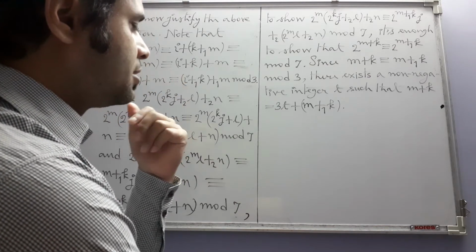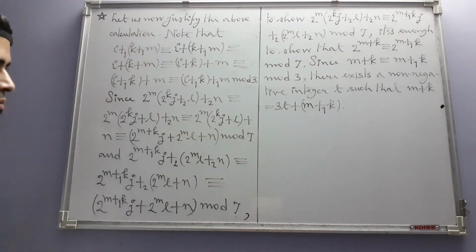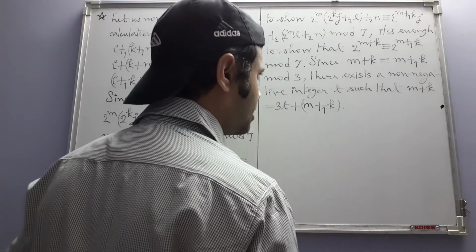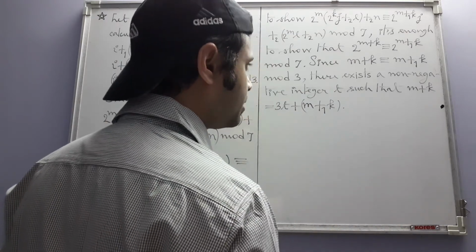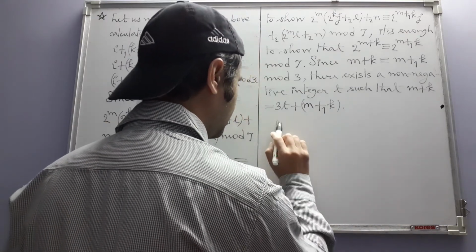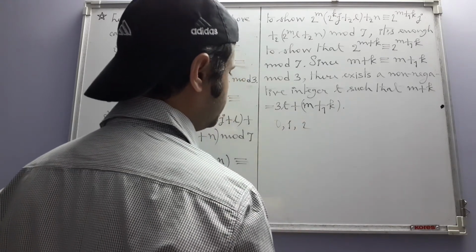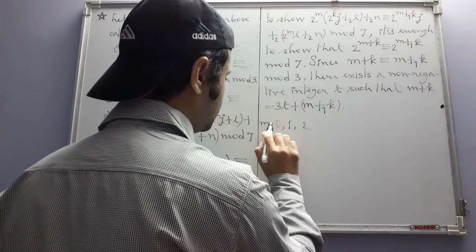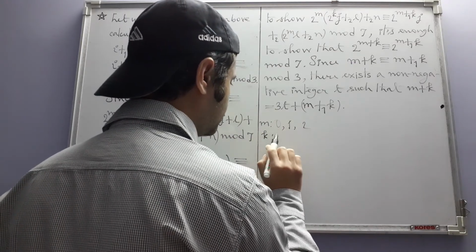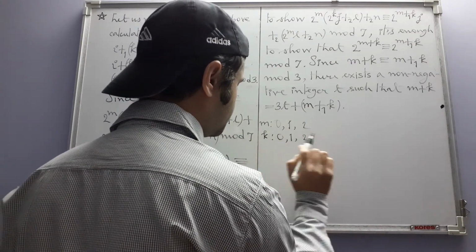I am missing something obvious, of course. M and k, each one of them can either be 0 or 1 or 2. So these are the possibilities for m, and also the possibilities for k.